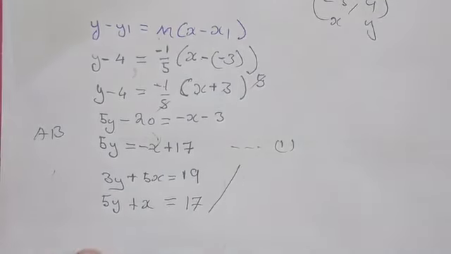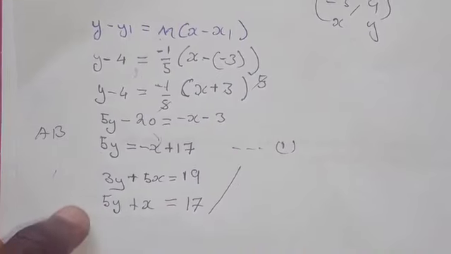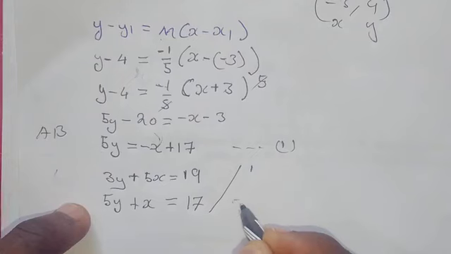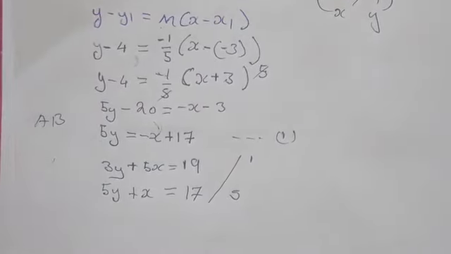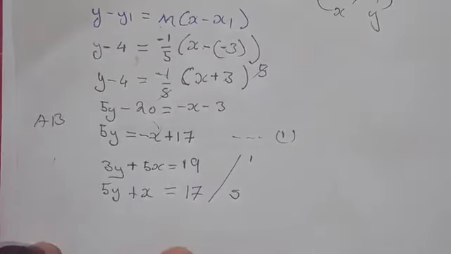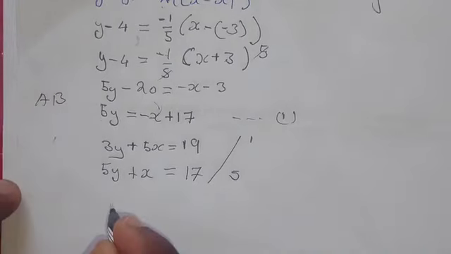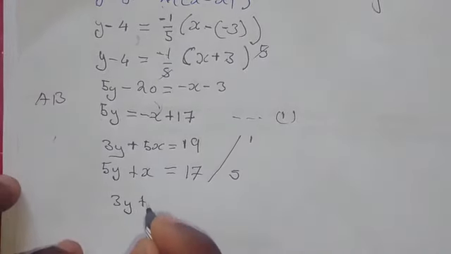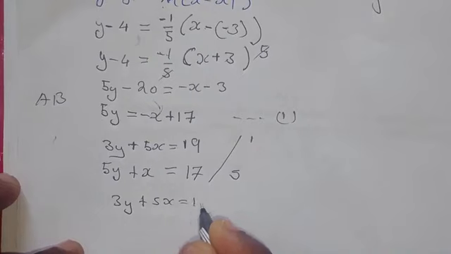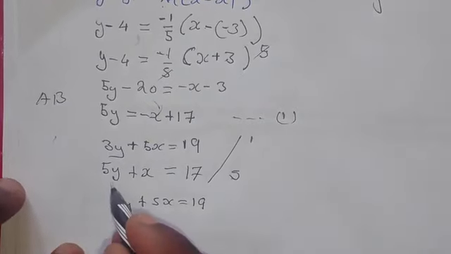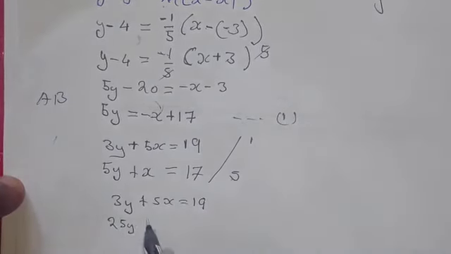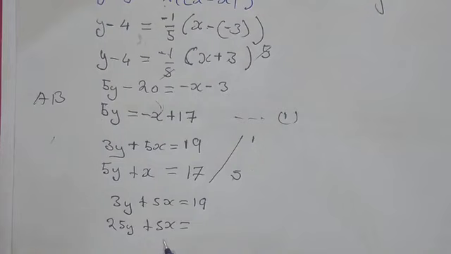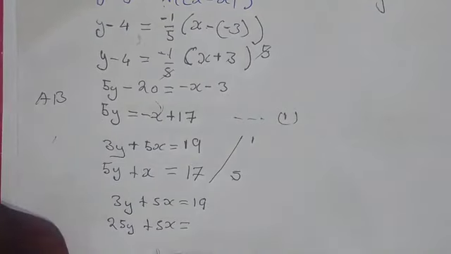So we're going to start by eliminating x. So we have 1 here, we have 5 here. Okay, so 1 multiplied by everything on top, it will remain the same. So we are going to have 3y plus 5x is equals to 19. Then 5 multiplied by 5, it's 25y plus 5x is equals to 17 multiplied by 5, it will give you 85.